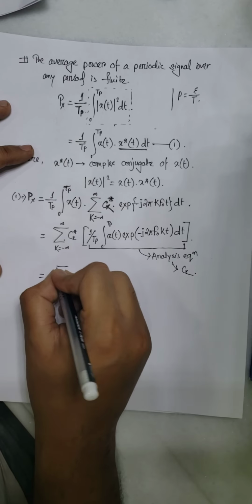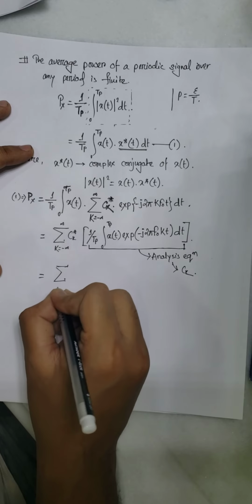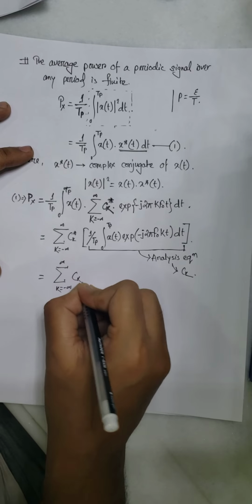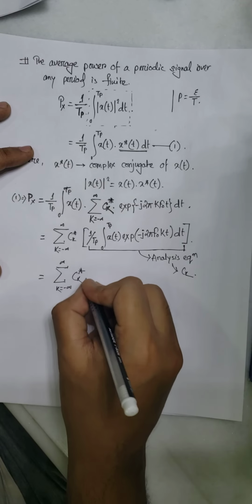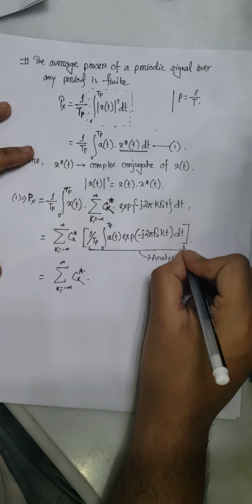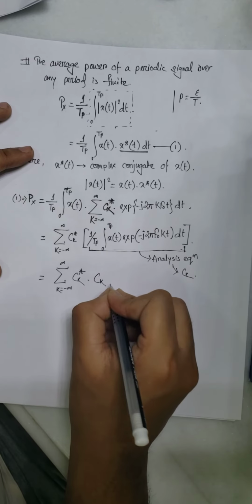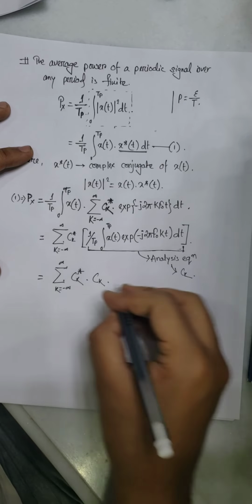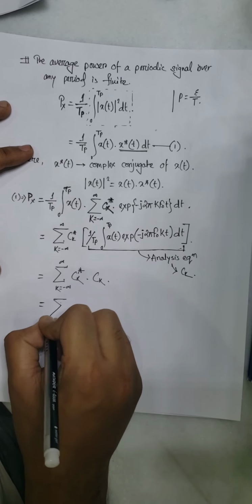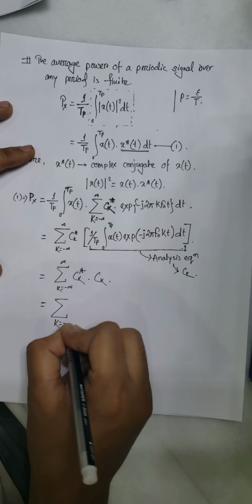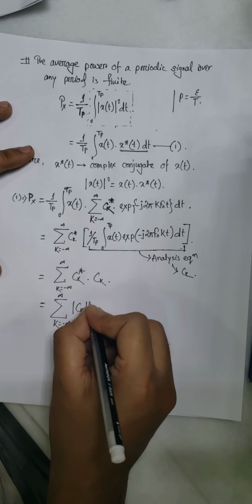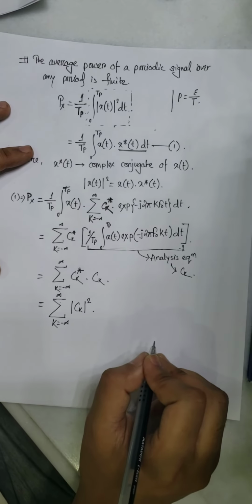So this expression can be written as the summation over k from minus infinity to infinity of ck conjugate, and replacing this value with ck star times ck, this in turn becomes the summation k goes from minus infinity to infinity of |ck|^2.